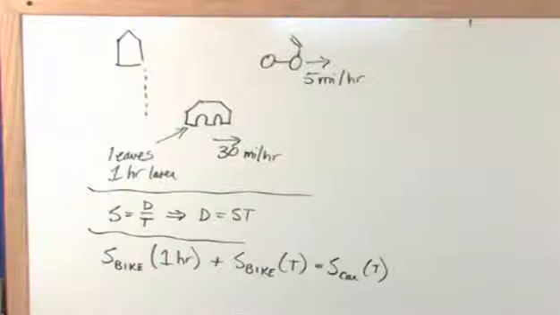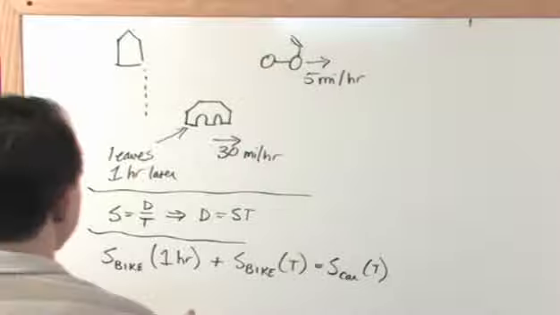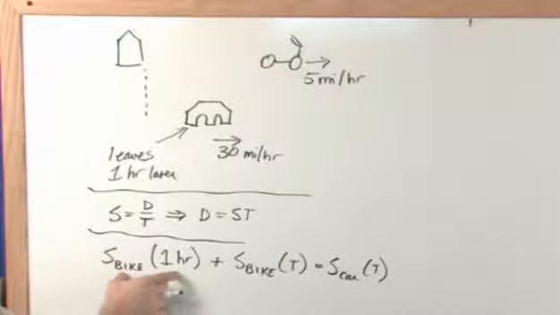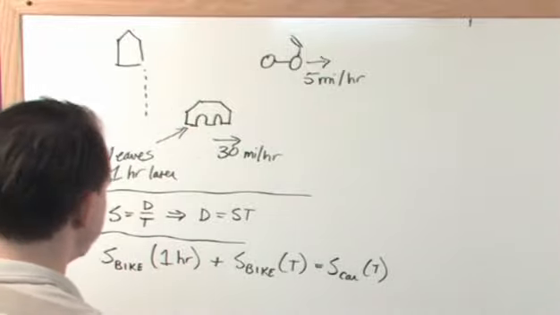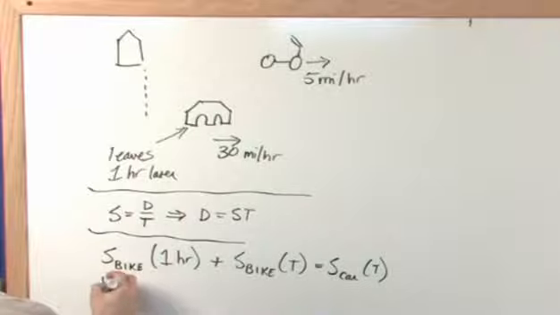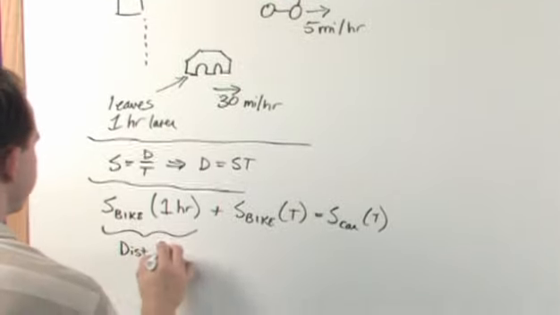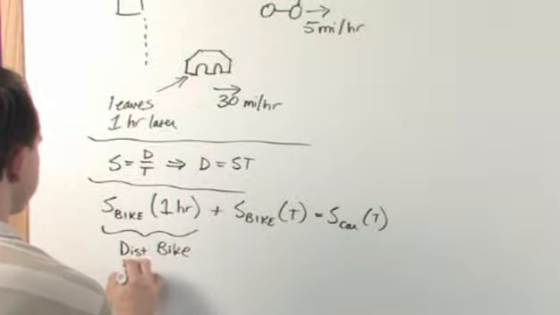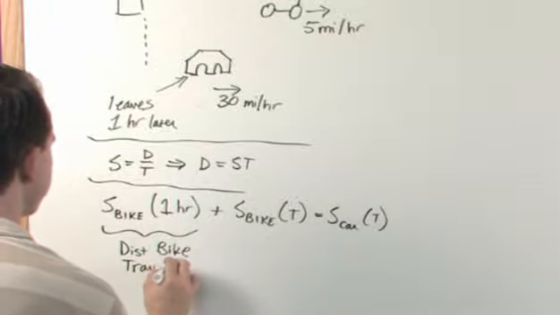Now, let me make sure you understand what's going on here. Remember, the bike left an hour ahead of time, so the bike has a head start. It has traveled this much distance, speed of the bike times 1 hour. This is the distance the bike traveled in the first hour.